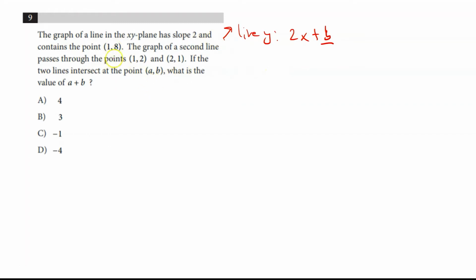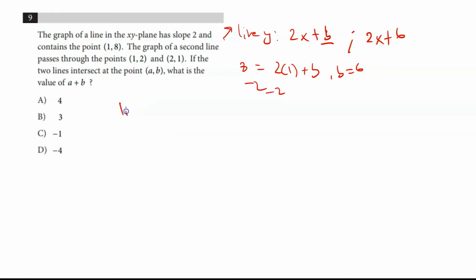And then we can plug in our point here. So we have our y value is 8, so 8 equals 2 times 1, since x is 1 in this case, plus b. Subtracting 2, b equals 6. So that means our line has the equation 2x plus 6.